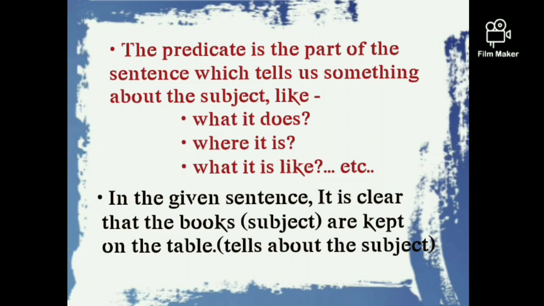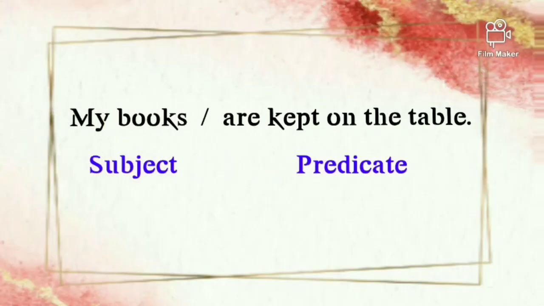That is, it gives information about the subject. So, are kept on the table is the predicate part of the given sentence. Note that all sentences have a noun or a pronoun component called the subject and a verb part called the predicate.